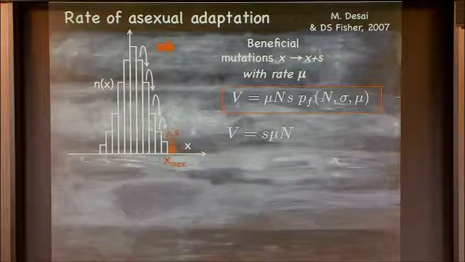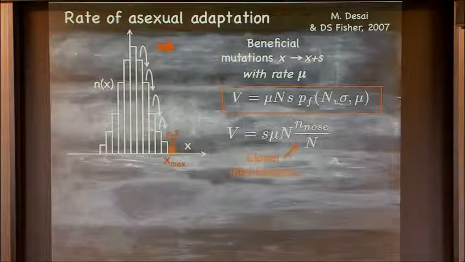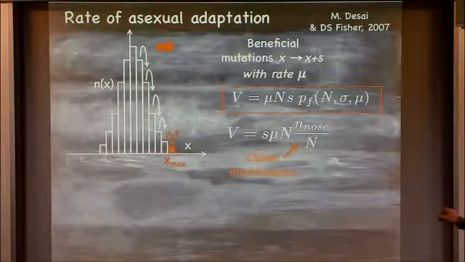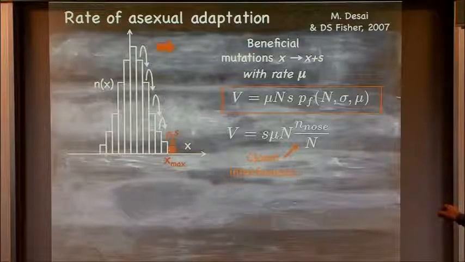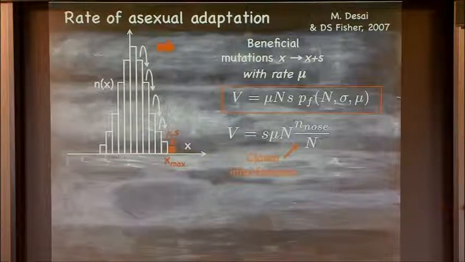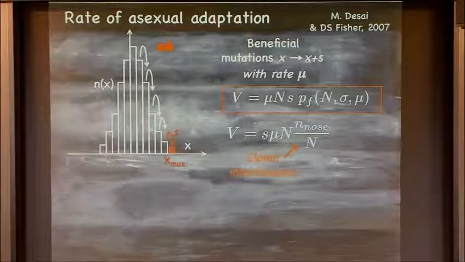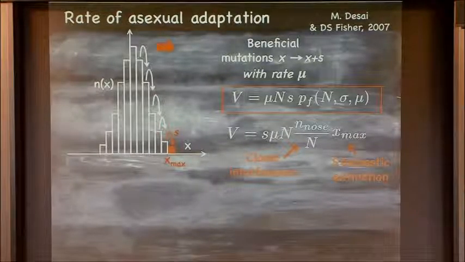So very crudely, what I just said is a statement that only the fraction of all mutations, the ones that fall into this top bin, the number of individuals in the nose over the total population, that's the fraction. Only they will have a chance at passing on their genes.